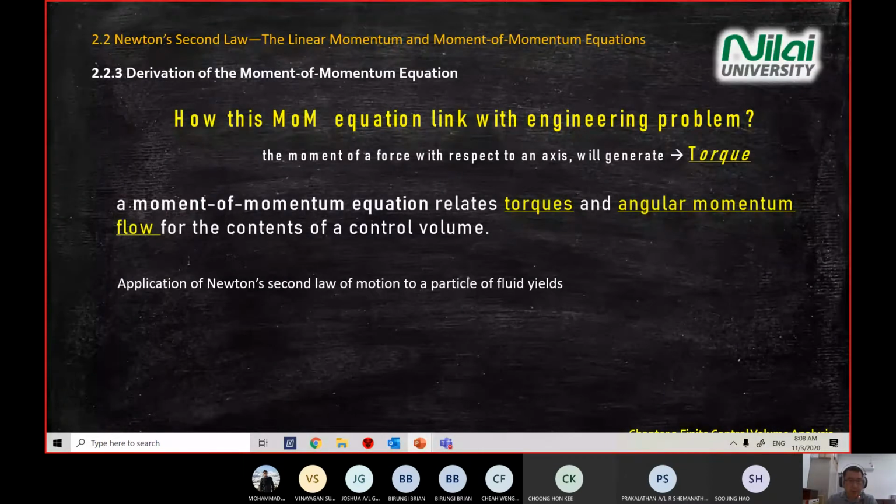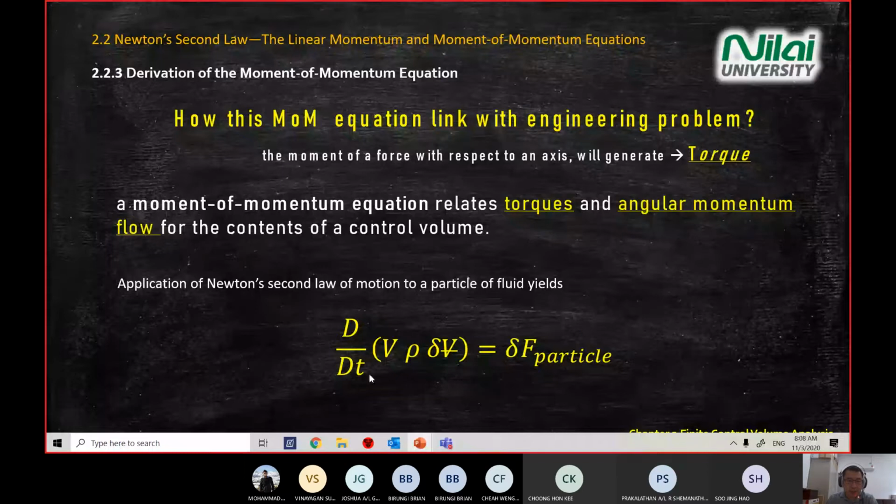This is the first equation we'll look at. Copy this equation: d/dt, the change in time of your velocity, density, and a partial differential of your volume. This is volume with the hat in the middle. This equals force.